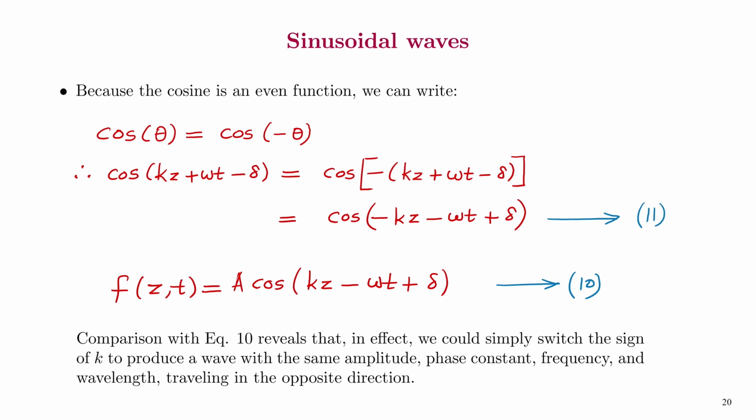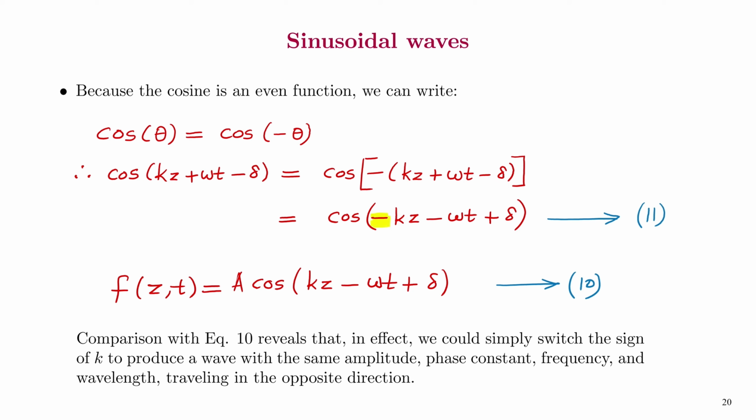Now we shall compare equation number 11 with equation number 10 that we have previously written. Equation number 10 represents a wave that is propagating in the plus z direction, whereas 11 represents a wave that is propagating in the negative z direction.